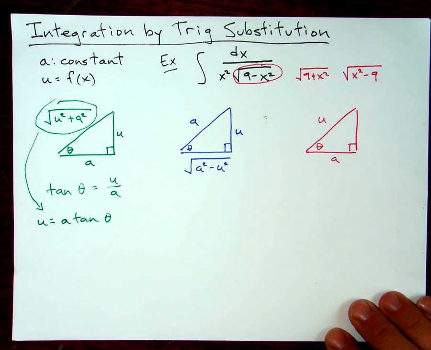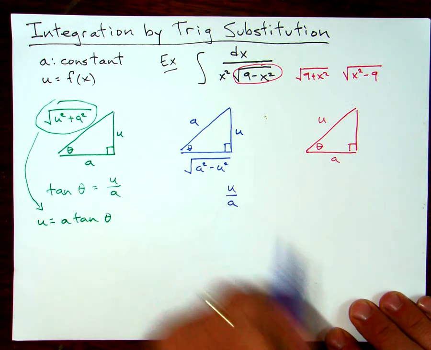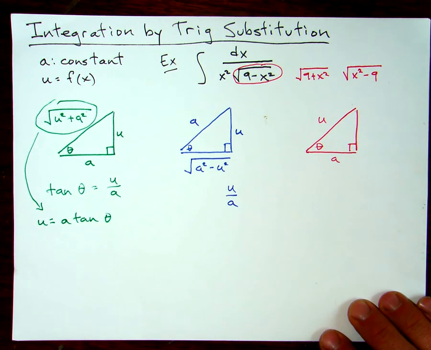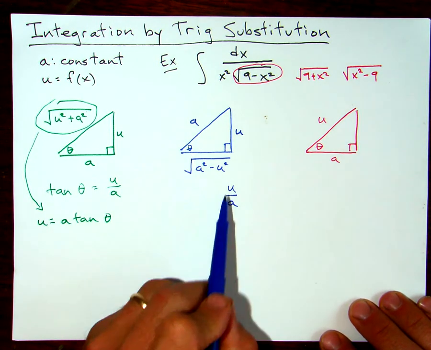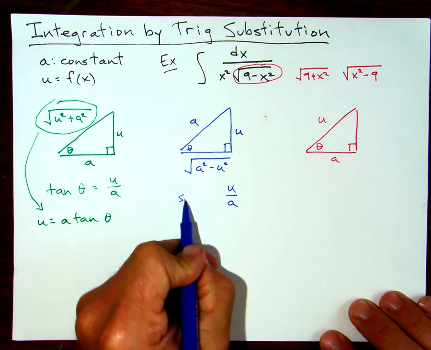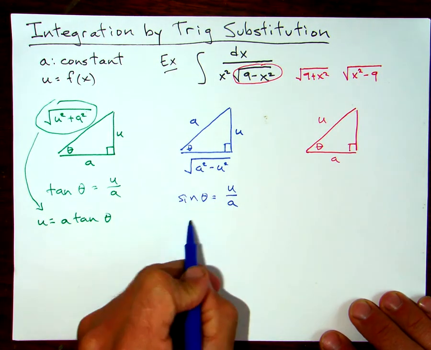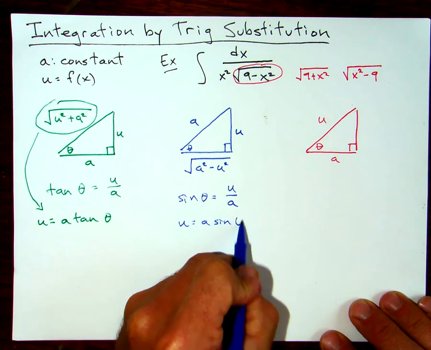So again, we want to take the ratio of u over a, because that makes it easy to solve for u. What trig function would allow us to get this ratio? Well, that's opposite over hypotenuse. We know that that's sine of theta, so u equals a, just multiplying both sides by a, we get u equals a sine theta.